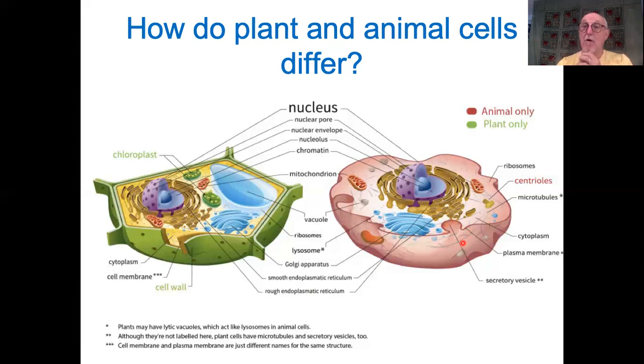It can actually swallow, if you want to think of it that way, but it can also excrete waste products and things like that. It can secrete products which it has actually synthesized.